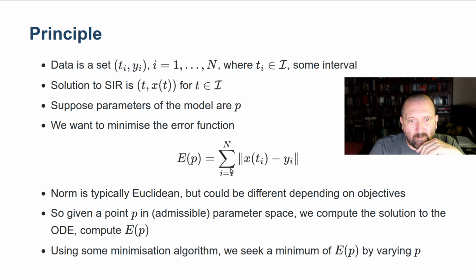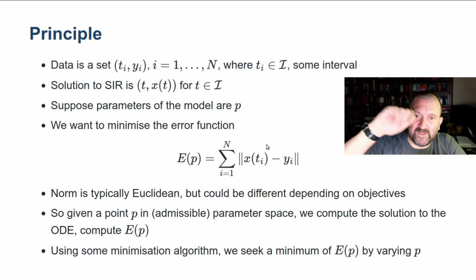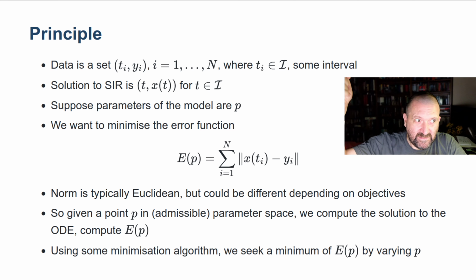But what happens is that you compute some norm like this, and given a point in parameter space, I'm going to compute the solution to the differential equation. That is going to give me the x of t, from which I'm going to extract x of ti.